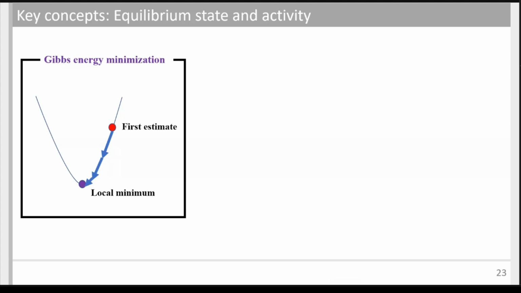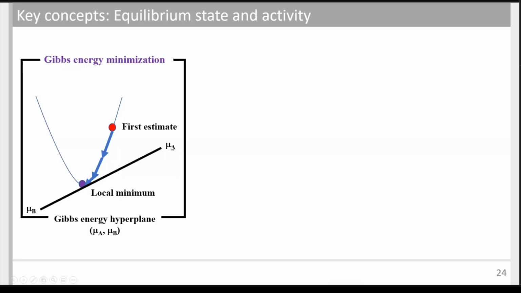So when we reach this potential candidate, we're going to define what we call a Gibbs energy hyperplane. And this is super important. Previous numerical methods were using the equality of chemical potential to define the equilibrium state. So when you reach a local minimum, you define the chemical potential.